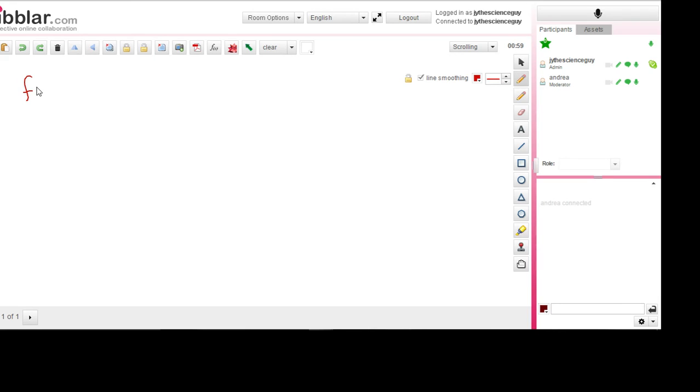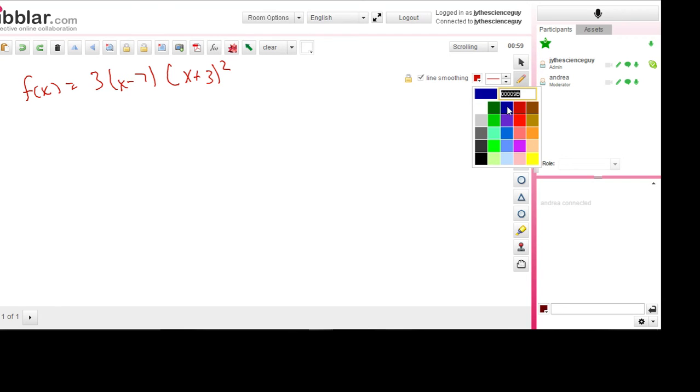So f of x is equal to 3 times x minus 7, and then this is x plus 3 squared. The thing that I have underlined in blue has a multiplicity of what?